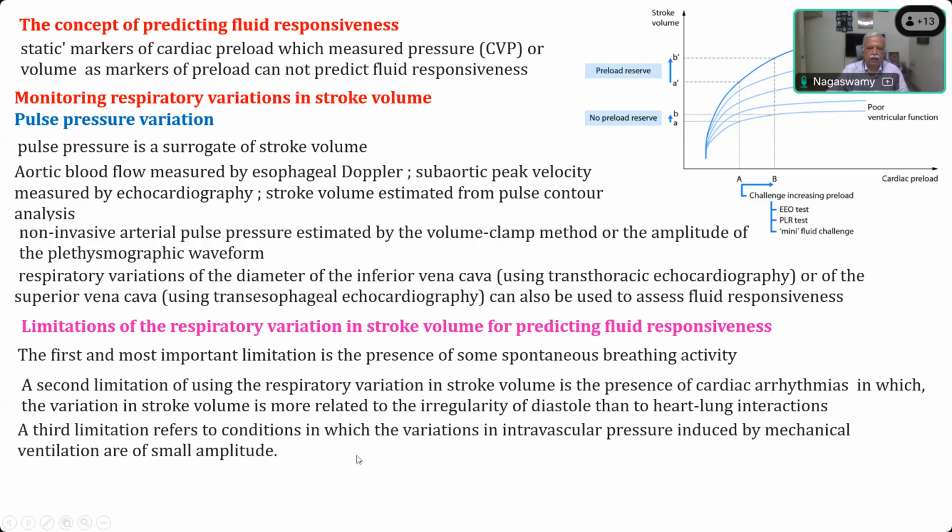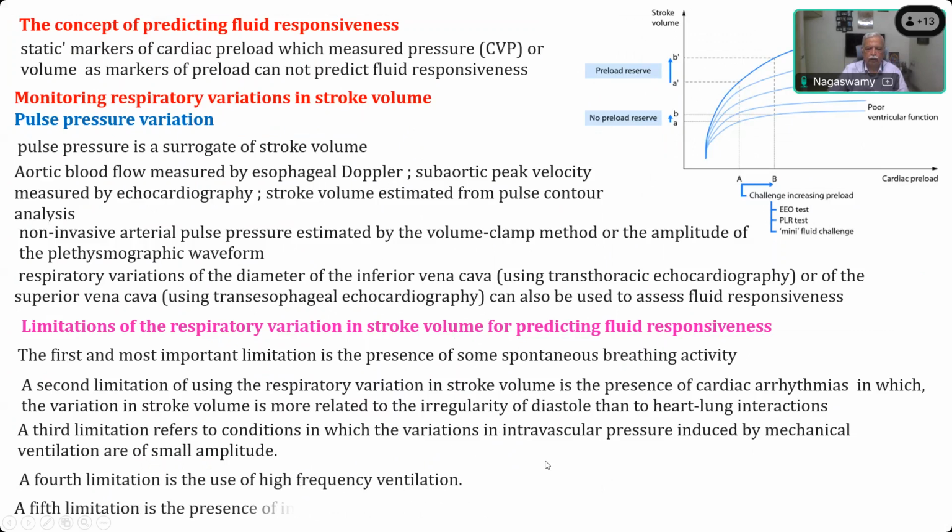The third limitation is the intravascular pressure induced by mechanical ventilation, even though they are of small amplitude, that may also cause interference. The fourth is high frequency ventilation. If it is used, that is also not going to reflect the correct assessment of fluid responsiveness.